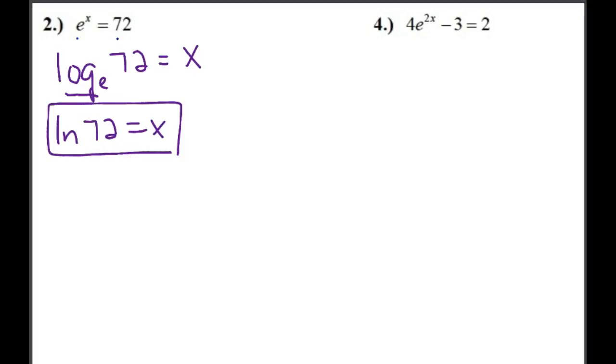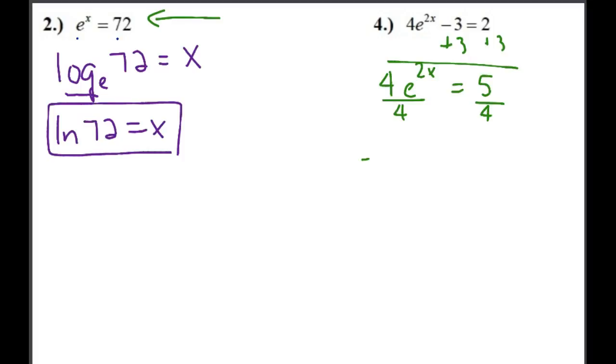Let's see. Number 4, I'm going to try to get it to look like number 2 by getting the e to the exponent by itself. So if I add 3 to both sides to start, I'll have 4e to the 2x equals 5. And then I can divide both sides by 4. So e to the 2x equals 5/4. And now I'm back to this point like I was in this previous problem.